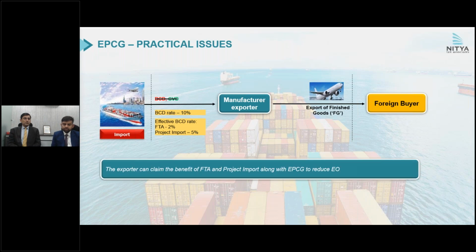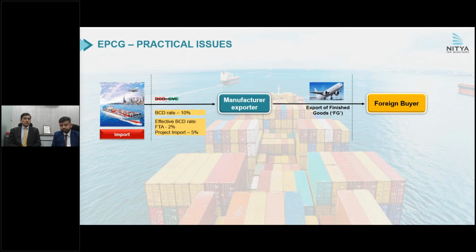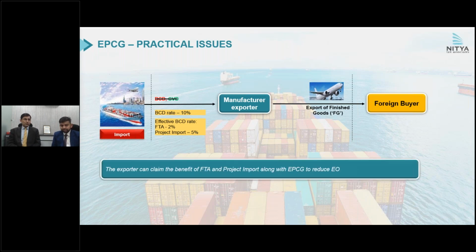So the question is whether he needs to fulfill the EO on the 10% or on the effective rate of the BCD. In that case, the exporter needs to fulfill the export obligation up to the effective rate, which in this case is 2% or 5% of the BCD saved.